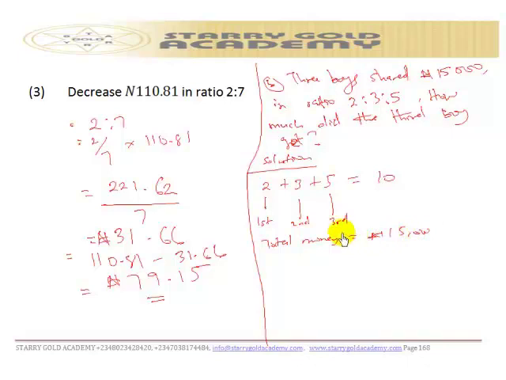Now what I'm supposed to do here, if I want to find for the third boy, like the question said, I'll pick the ratio of the third boy, that's 5, over the total ratio, that's 10, then times 15,000. So I have half, 1/2.